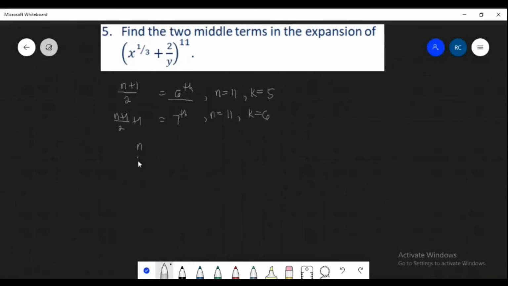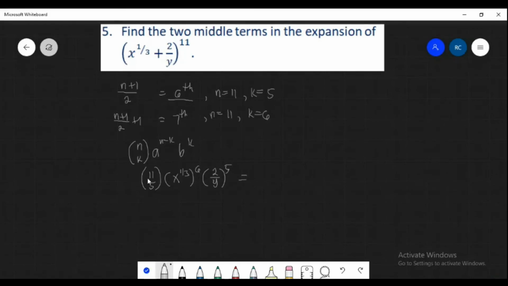Using the formula n combine k, and then a raised to n minus k, b raised to k. If 6th term tayo hinahanap, so, 11 combine 5 times first term natin na x raised to 1/3 raised to 6. 11 minus 5 is 6 times 2 over y raised to 5.